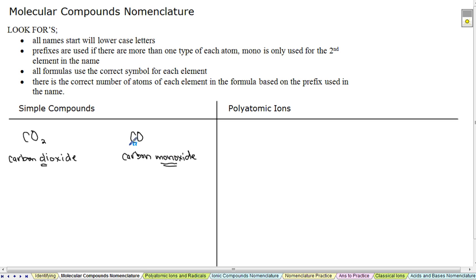In this case, we wouldn't call this monocarbon monoxide, but we will use it for the second one if it's possible to have different situations, like carbon can be bonding with two oxygens or one, carbon dioxide versus carbon monoxide. Another example would be something like N2O5. This would be called dinitrogen pentoxide.